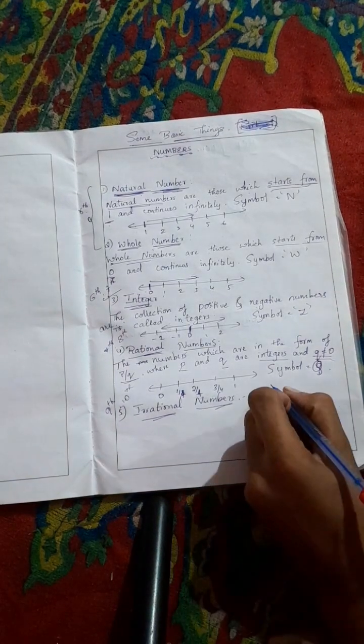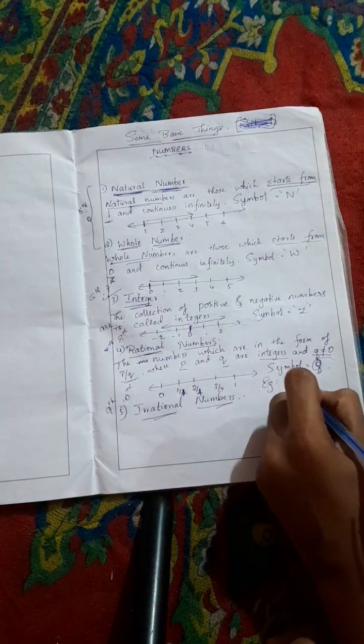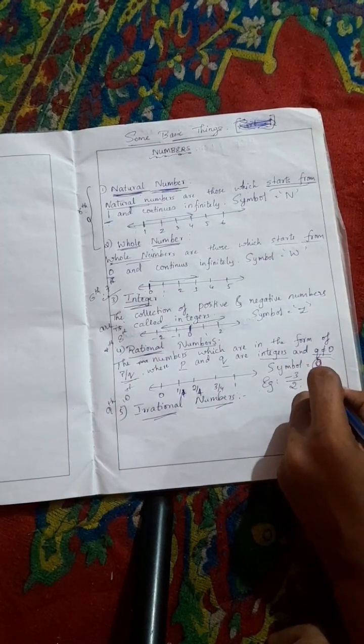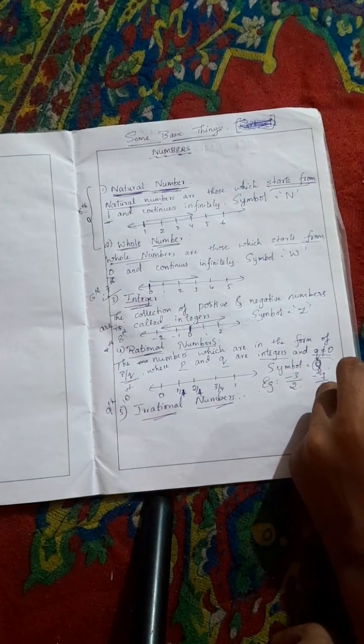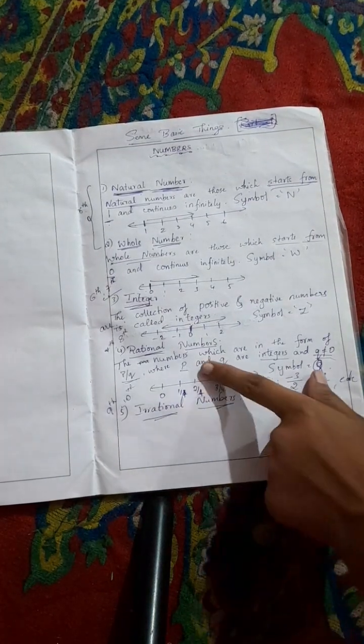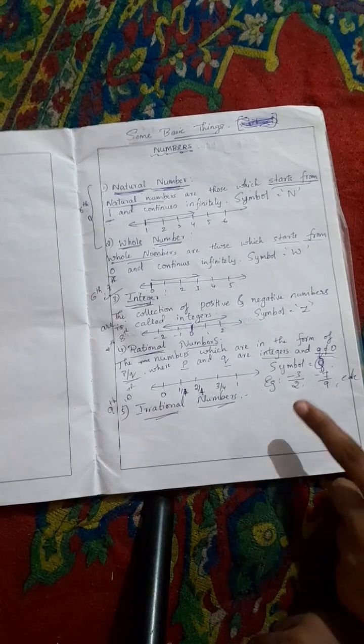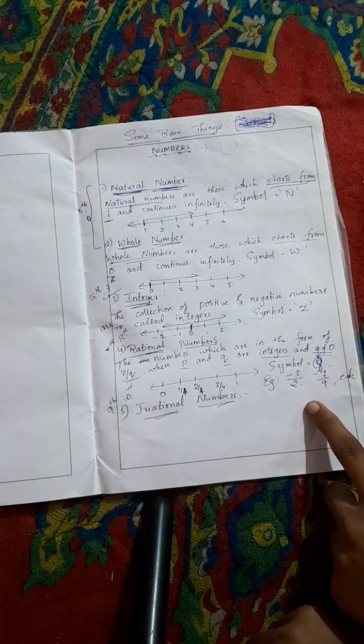For example, minus 3 by 2, minus 7 by 9, etc. What I wrote first are positive rational numbers, but here I wrote negative rational numbers.